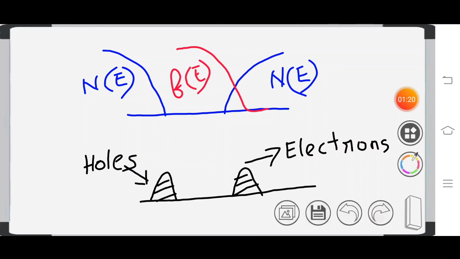There won't be any electrons. So electrons are found only at the place of intersection of these two graphs, one in blue and the other in red. This is how we find the concentration of electrons in the conduction band and the concentration of holes in the valence band.